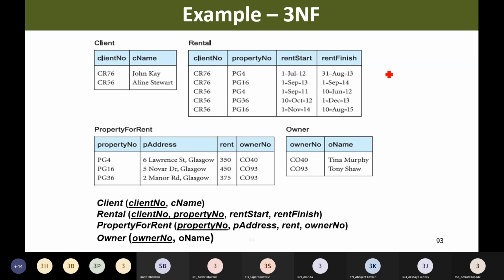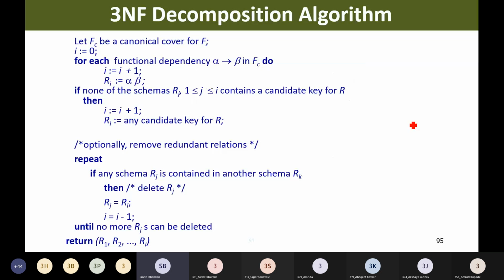Now, what we are going to do next is formally look at the algorithm for 3NF decomposition.